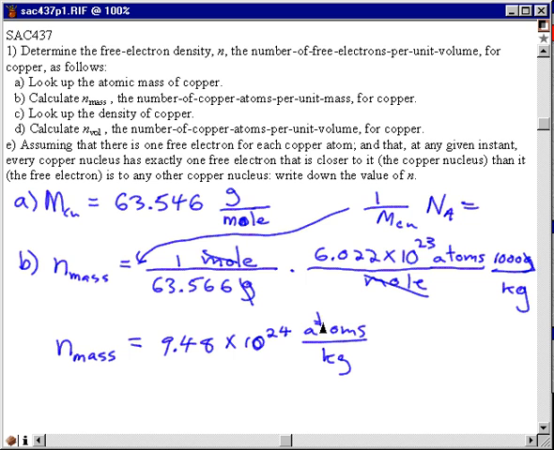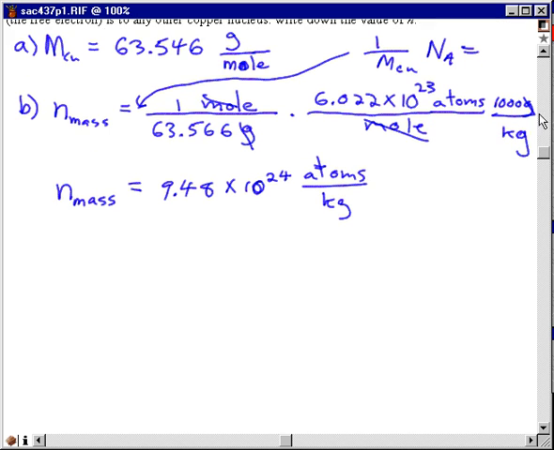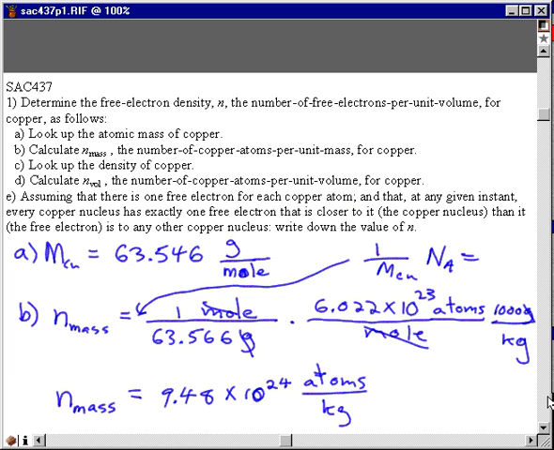That's the number of atoms per kilogram in mass. And I better look at what they want for C.